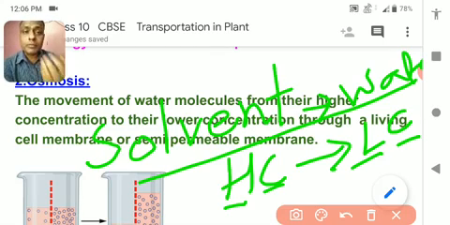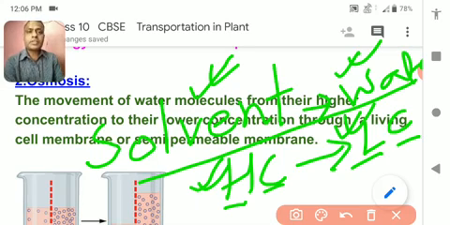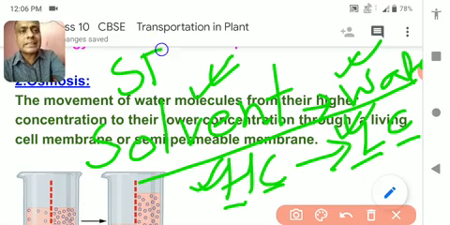What does it move? Pure solvent means water moves from their higher concentration to their lower concentration when the solution is separated by a semi-permeable membrane.